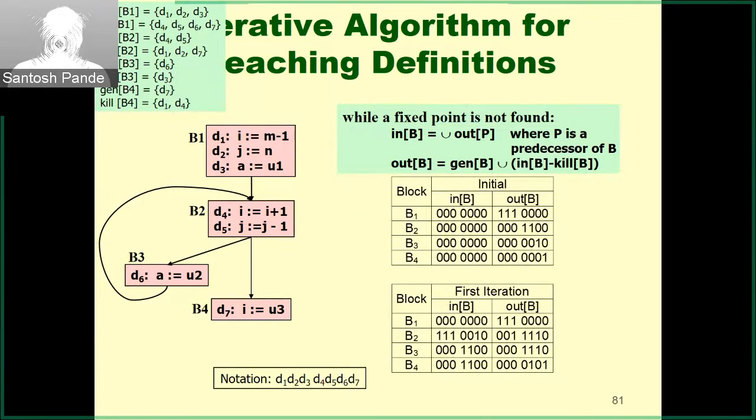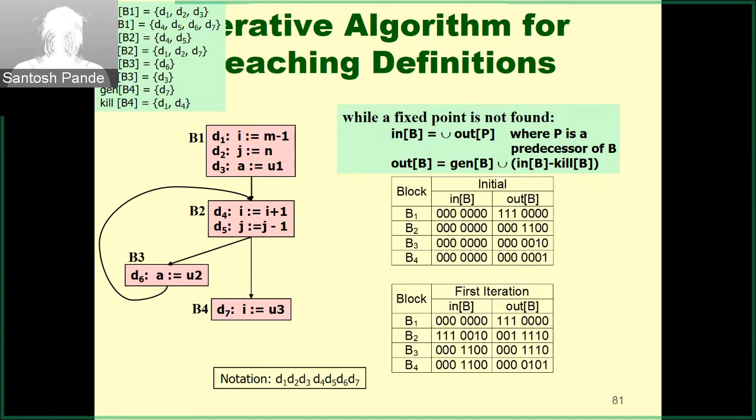Because think of it in this particular way: what is this gen set reflecting? It is reflecting a definition which is starting at that point, and from there it will flow everywhere, and so on. And imagine a situation at runtime where pointer P is an alias to some variable, and because of that, the definition of that variable will get generated, which is not really seen in a transparent way in the IR, and that's the one which we should include.